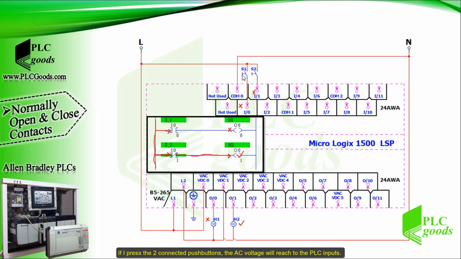If I press the two connected push buttons, the AC voltage will reach the PLC inputs. Then the processor will change the state of the contacts in the program. So the first contact will be closed and the second contact will be open. In consequence, a PLC will turn on the first lamp and it turns off the second one.